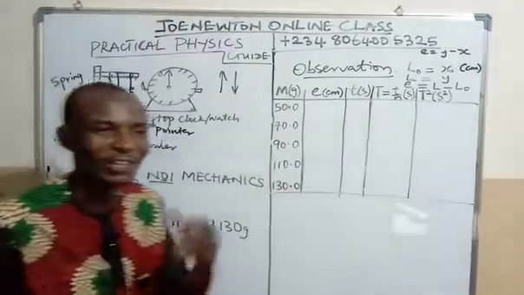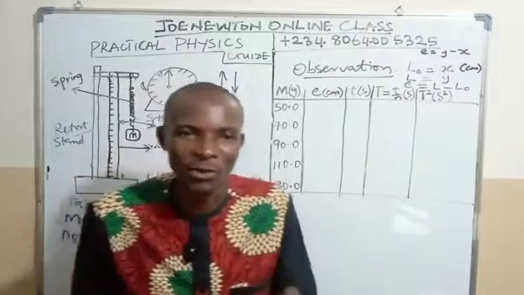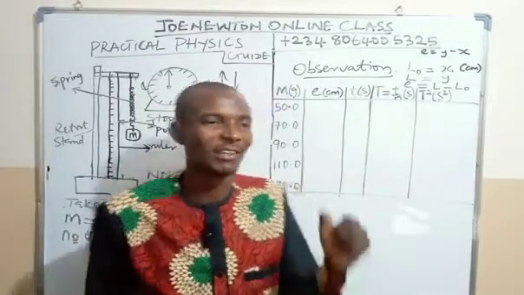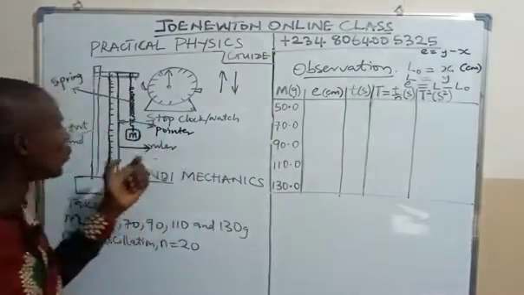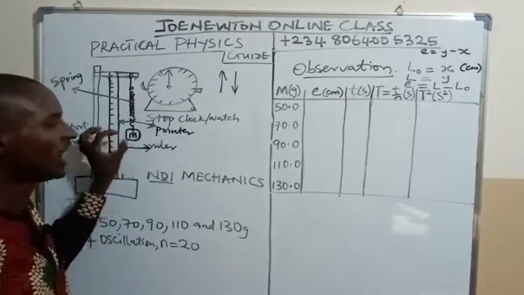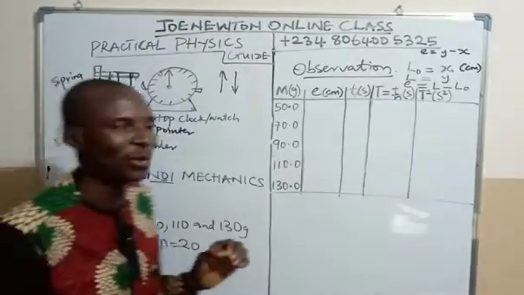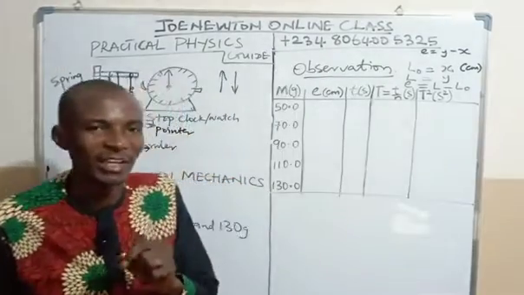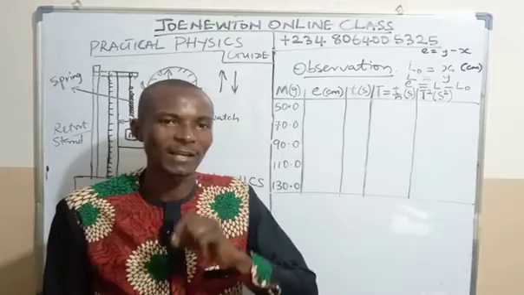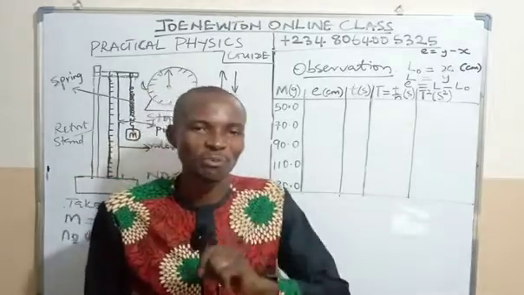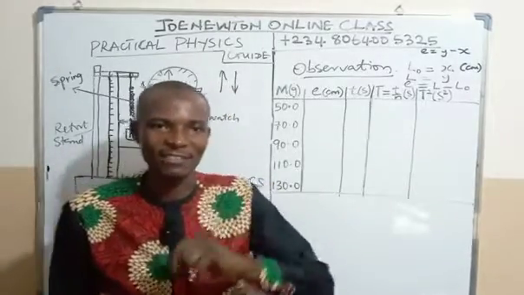And you should be careful in this case. It is different from a simple pendulum where it is easy to read. But in this case, at the initial stage when the mass is not very heavy, like at the mass of 50 grams, you have to be careful because the tendency is that the oscillation will be faster. So the smaller the mass, the load, the faster the oscillation.